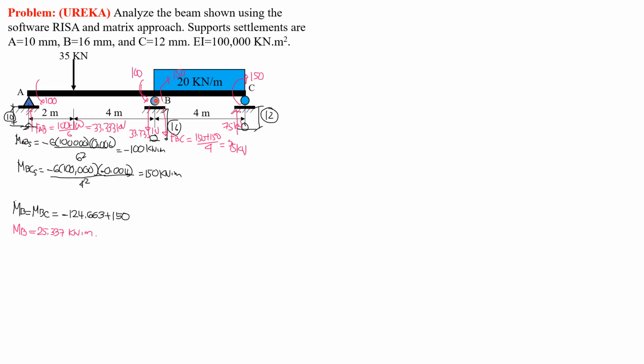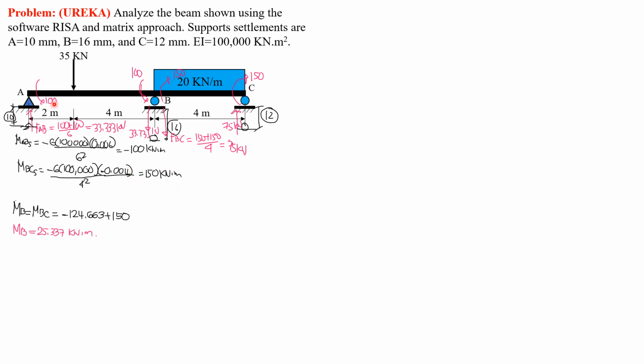Likewise, for portion BC, the chord B to C rotates counterclockwise, so the relative settlement will be treated negative here. So 16 minus 12 is 4 mm. In the formula, negative 6EI delta is treated negative, so negative 0.004 divided by length square, 4 square, and it is equal to positive 50.